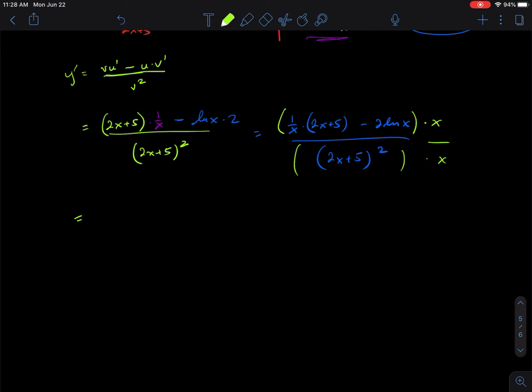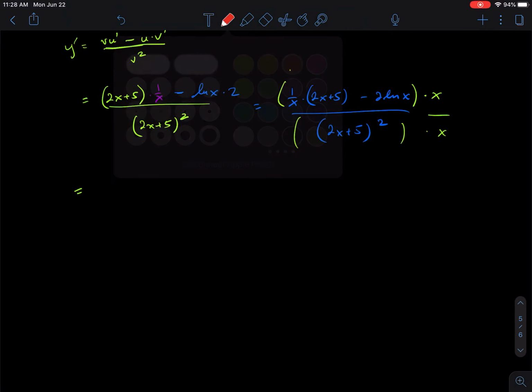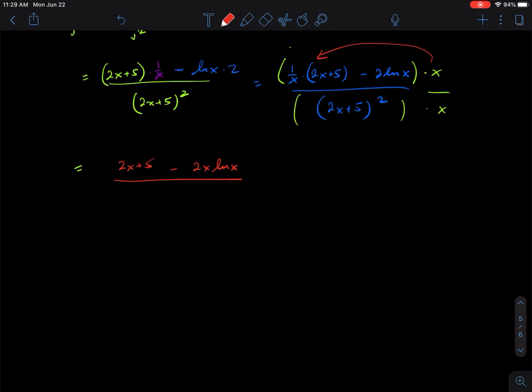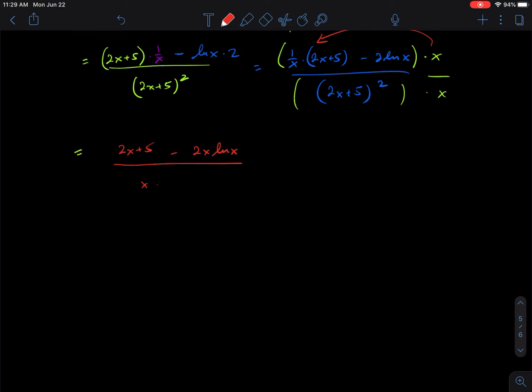Otherwise, we're going to change the problem. So now that gave us the answer. The answer now becomes 2x plus 5 for the first term minus 2x natural log of x over x times 2x plus 5 squared. Okay. And that's as far as we can go.